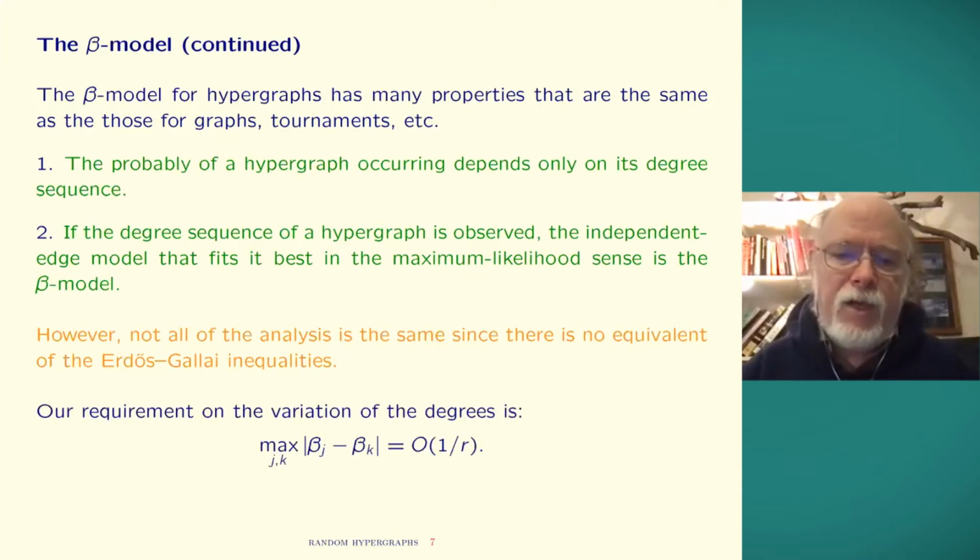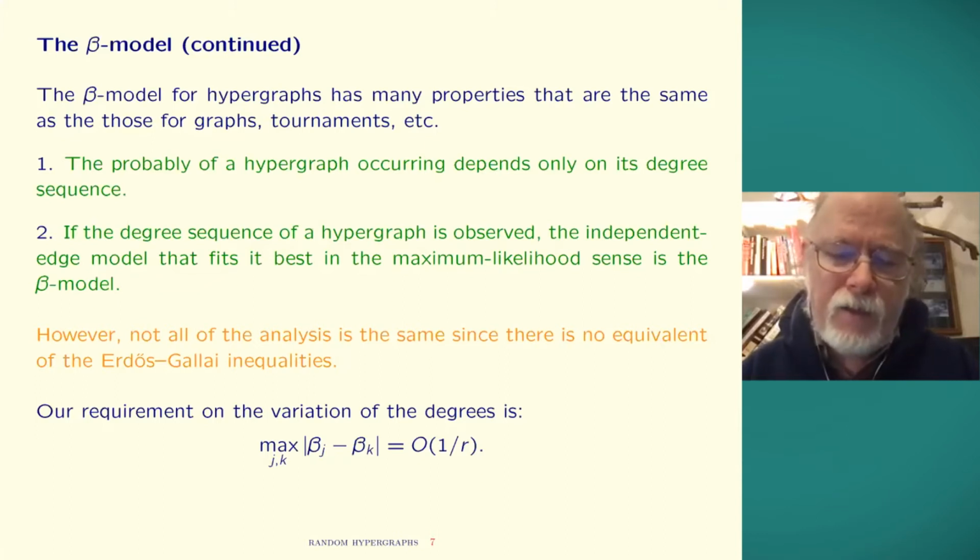Now, in terms of the numbers beta, our requirement on the variation of the degrees is that the beta values are all the same within big O of 1 over R, R being the edge size as always. Notice that for regular hypergraphs, all the betas are the same, so this maximum would be 0.